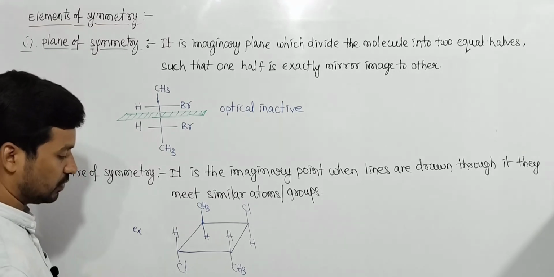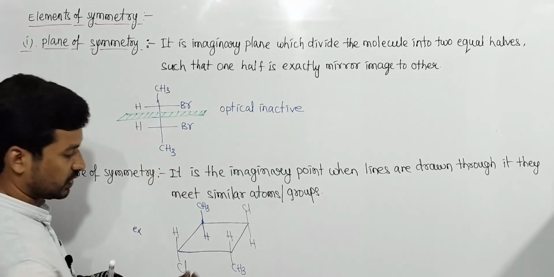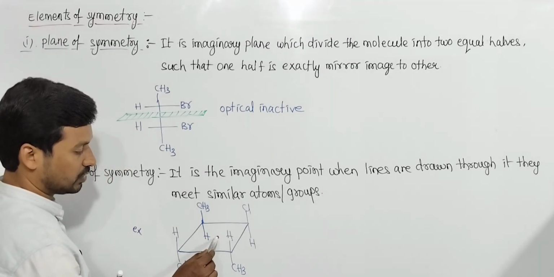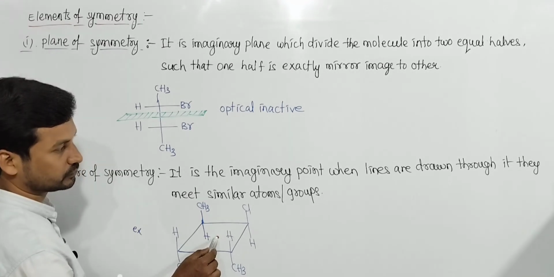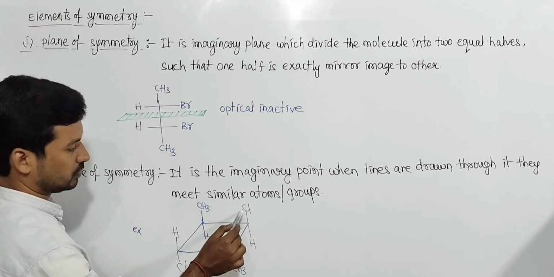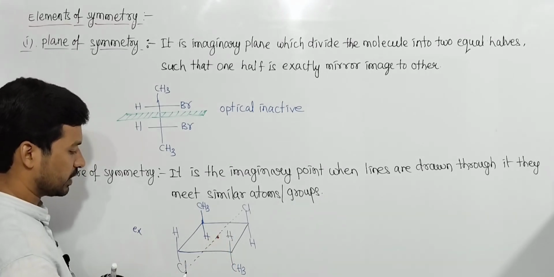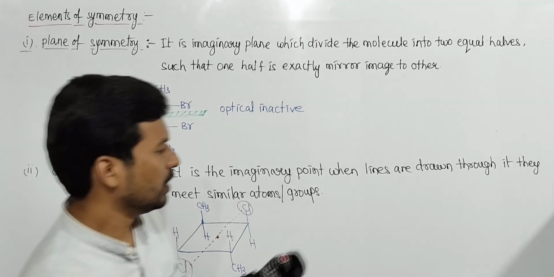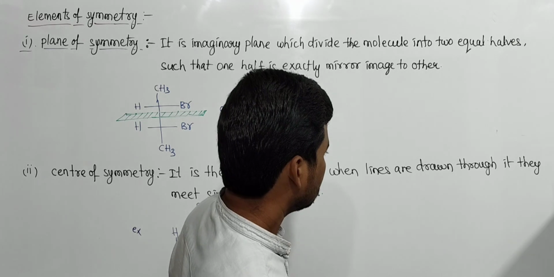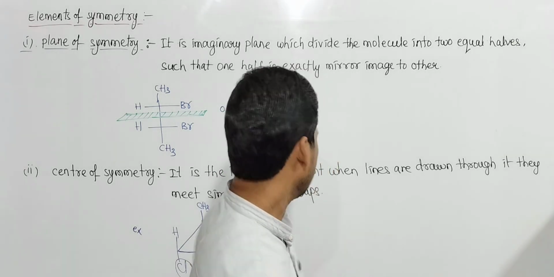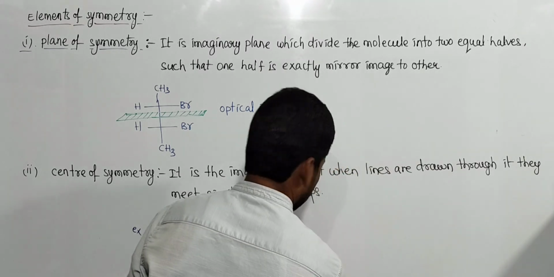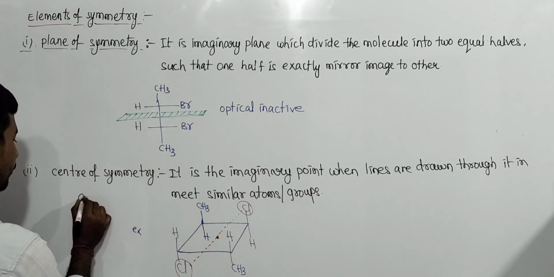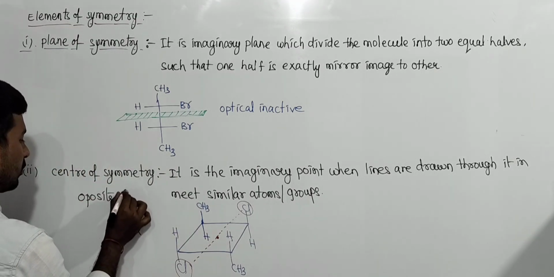In this situation, the molecule possesses a center of symmetry, because if I draw lines through this point in opposite directions, they meet similar groups.